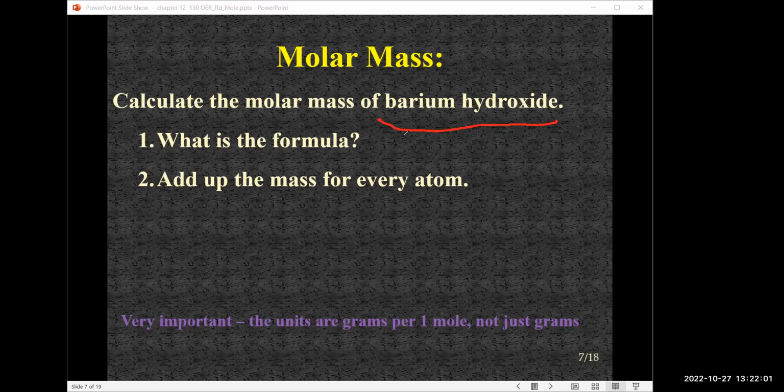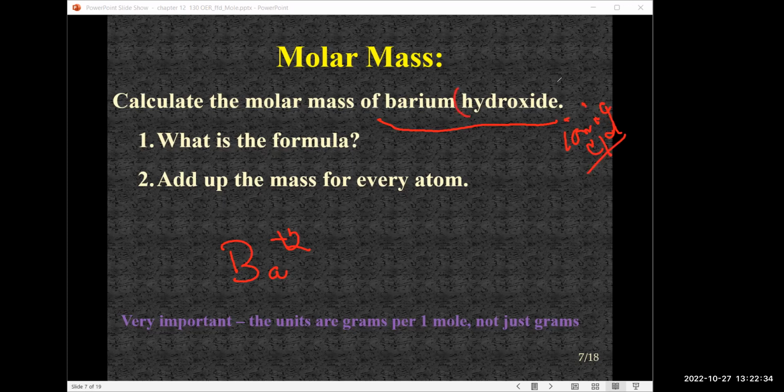Okay, and we're given barium hydroxide. So the first thing we got to do is what? Write them into ions. We know that barium has a +2 charge, right? Because it's an element that belongs in group 2A, 2 valence electrons. It's a metal, it's going to lose electrons. Therefore, you have a +2. This is an ionic compound, so we got to put everything into ions before we put them together to figure out the formula.